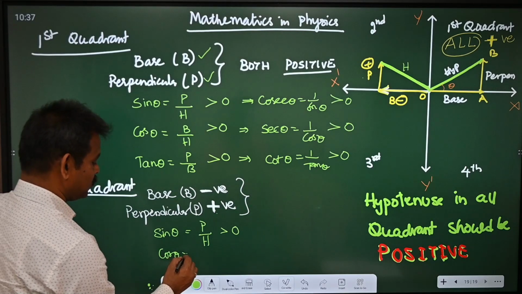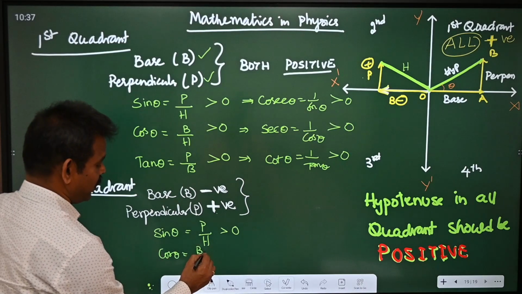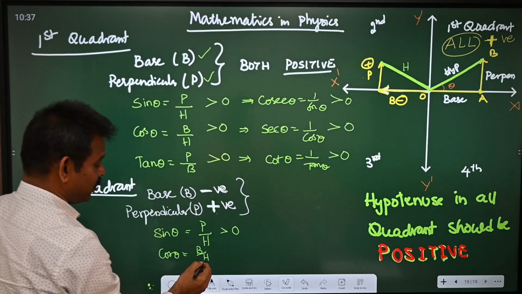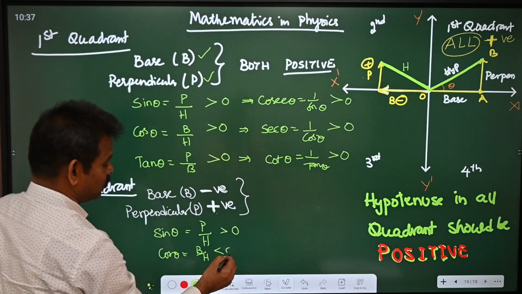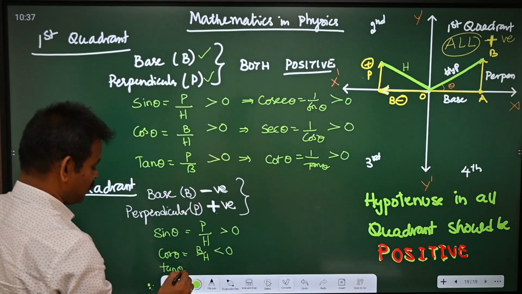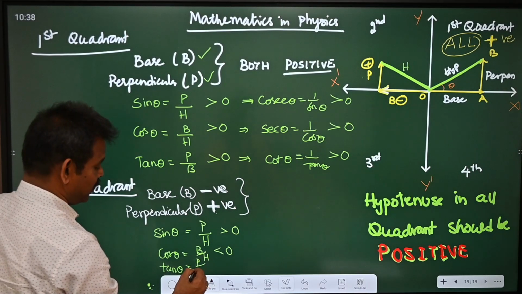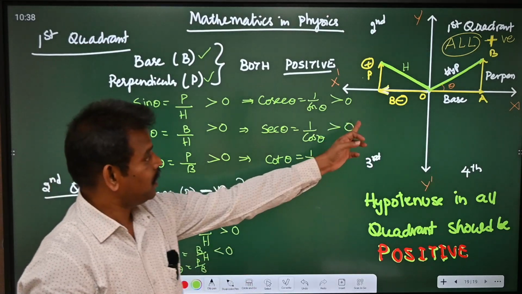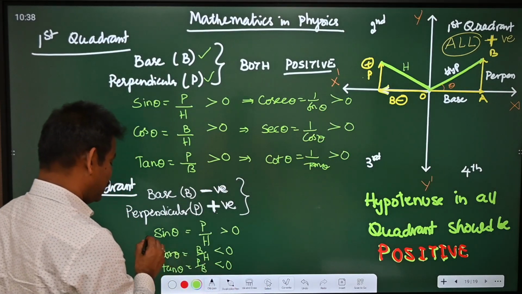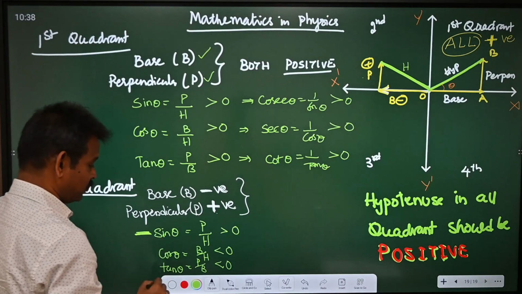Cos theta is equal to base by hypotenuse, base is negative, so negative by positive is always negative, so cos is negative. Tan theta is perpendicular by base, here perpendicular is positive but base is negative, so it should be negative. So only sine is positive here out of these three.